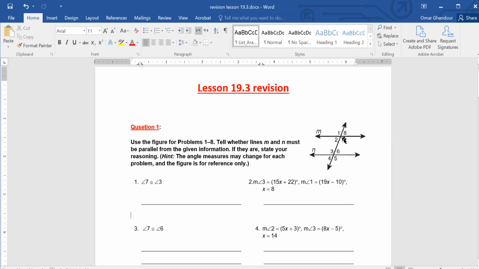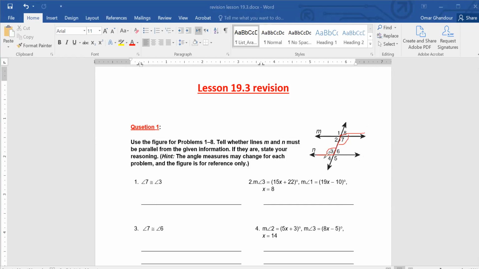No, same side interior would be 7 and 6, for example. Are they corresponding? No, corresponding would be like 7 and 5, for example. But they form the letter Z, a flipped Z. So these two angles together form a letter Z, so they are alternate interior angles.